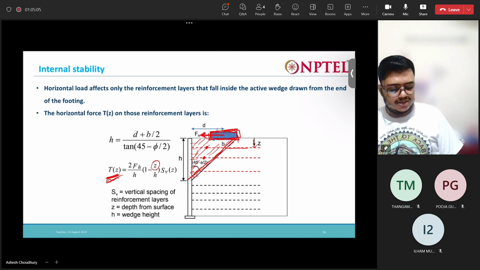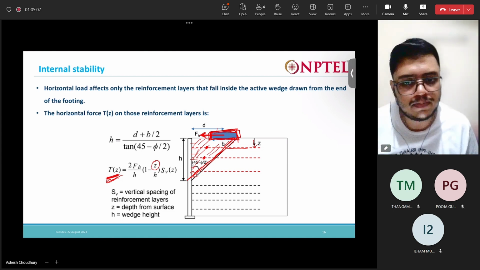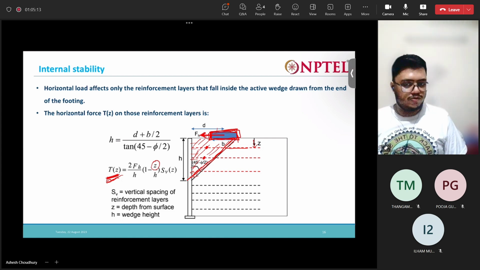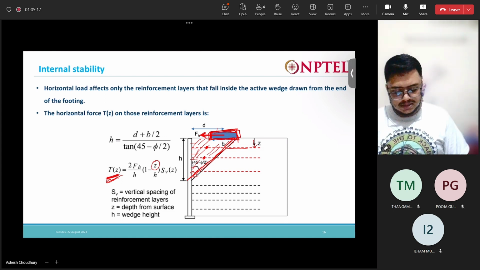So you have Fh, a horizontal force that is acting on some foundation, and that Fh is distributed on these reinforcement layers. How is that Fh distributed? This is distributed in this way.